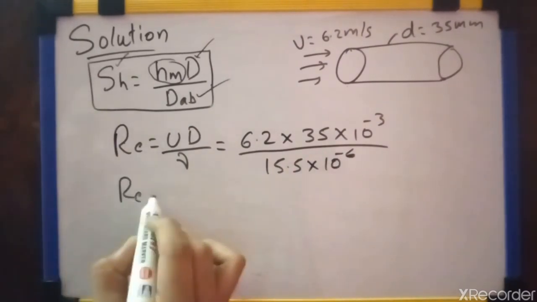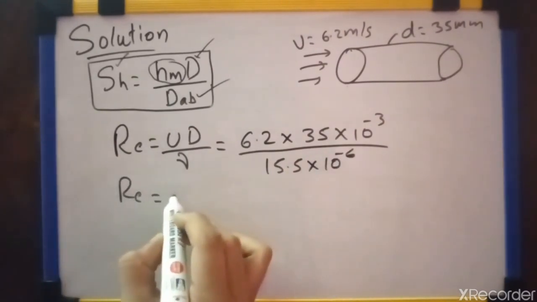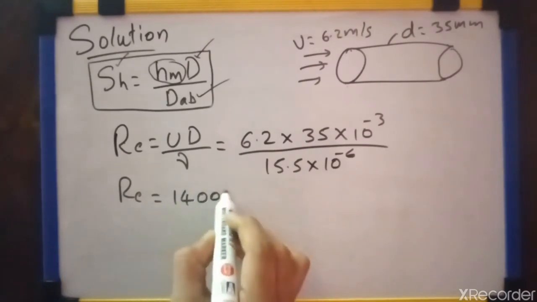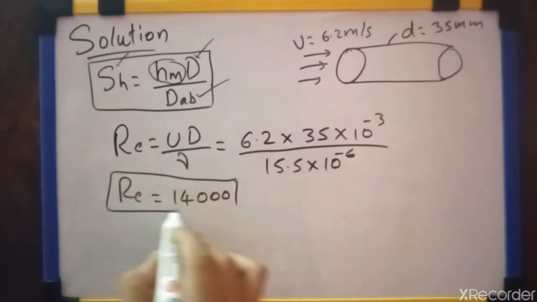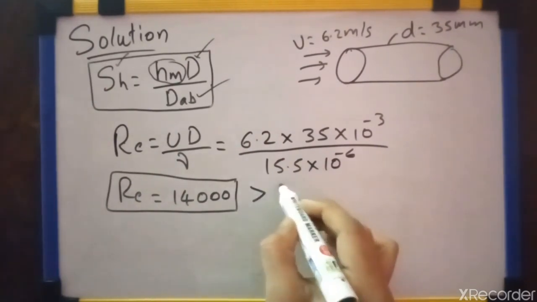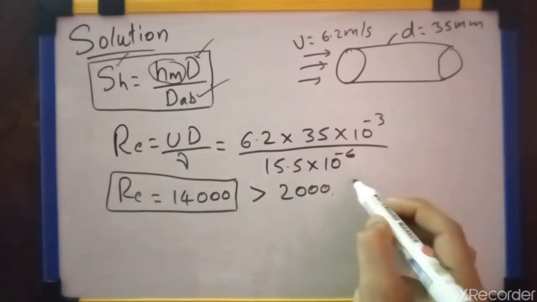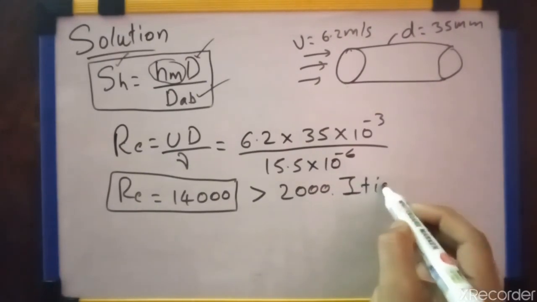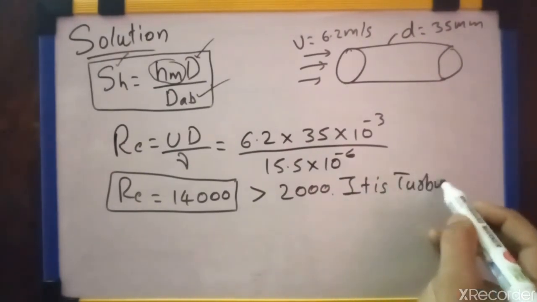We get Reynolds number is equal to 14,000. This value of Reynolds number is greater than 2000, therefore it is turbulent flow.